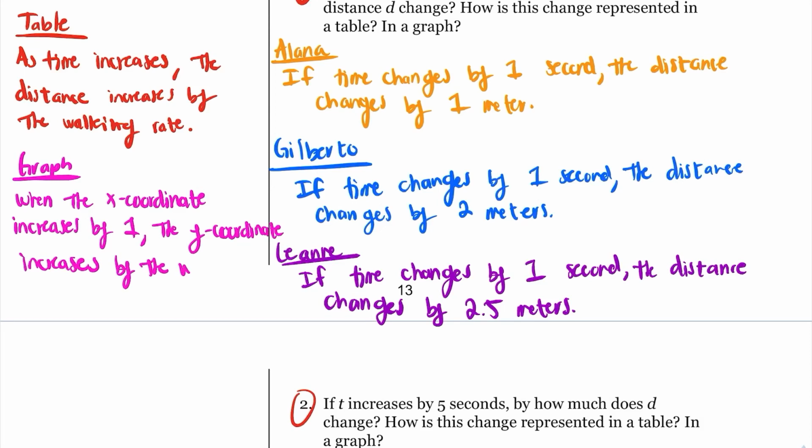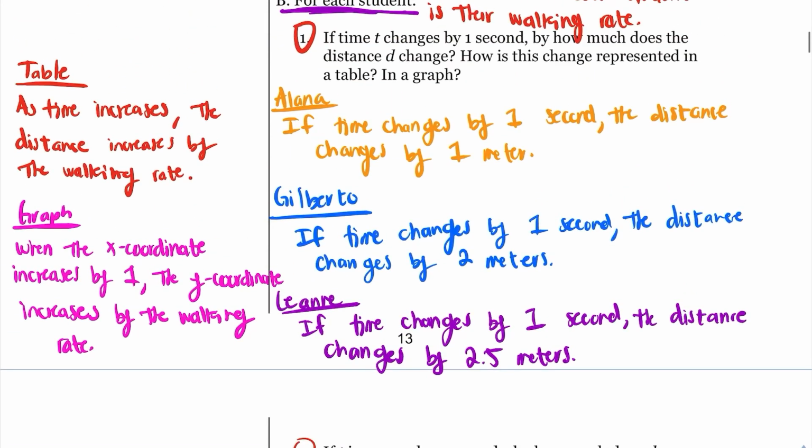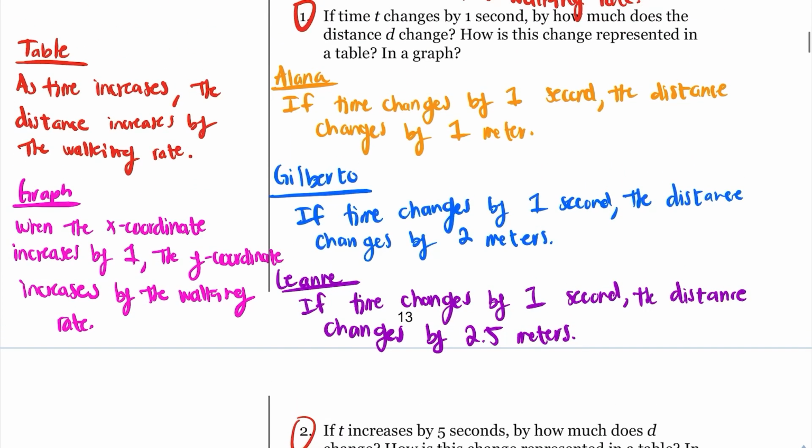So the y-coordinate increases by the student's walking rate. Okay. You already should have answered this question, but you'll notice that your answers are kind of similar.